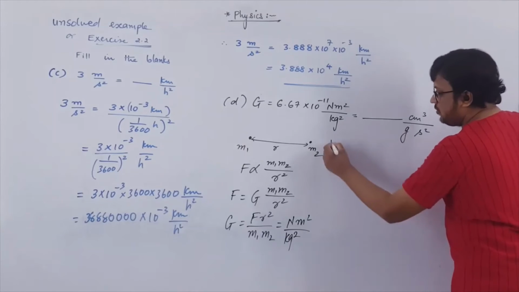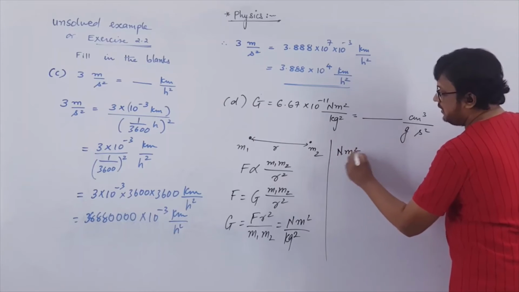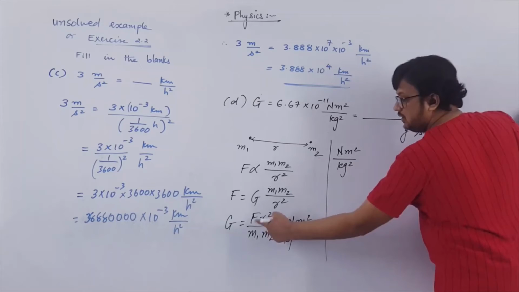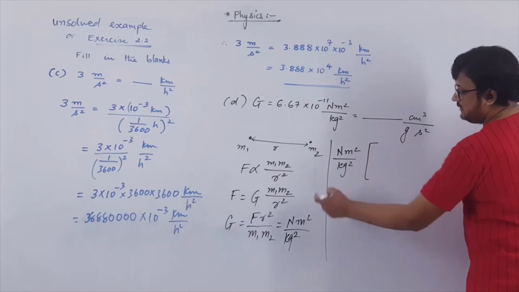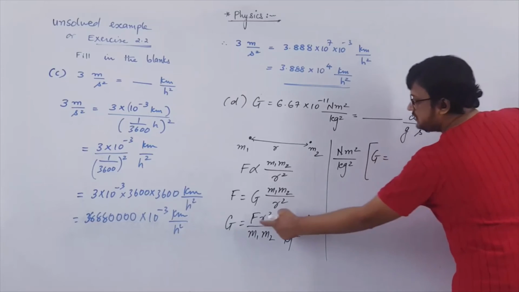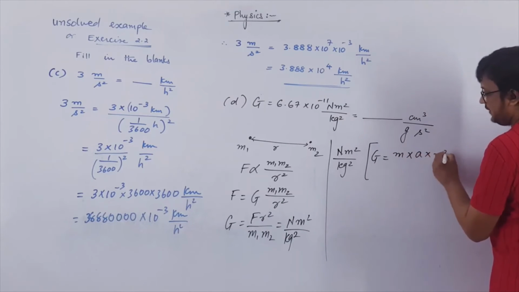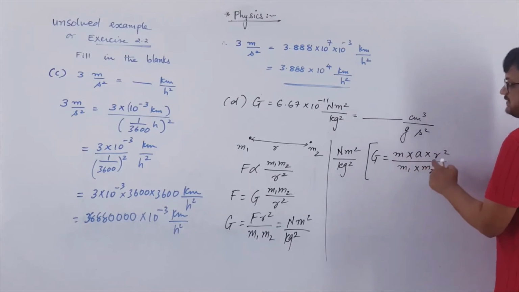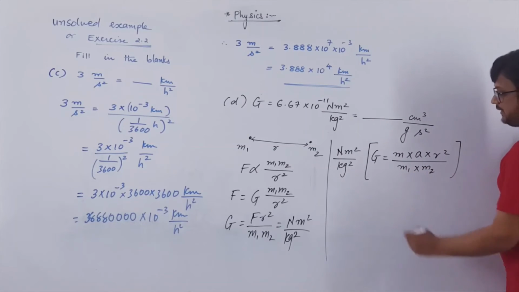So remember, the unit is Newton meter square upon kg square. Now what is force? We know that force is mass into acceleration. So G will be equal to mass into acceleration into r square upon m1 into m2. We are simplifying for units, so we are not writing m1, m2 as such.